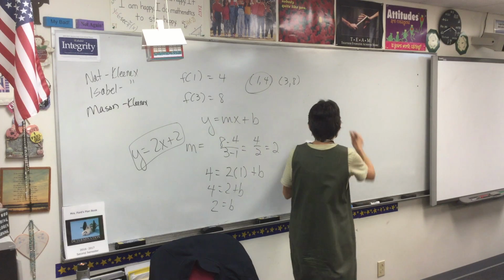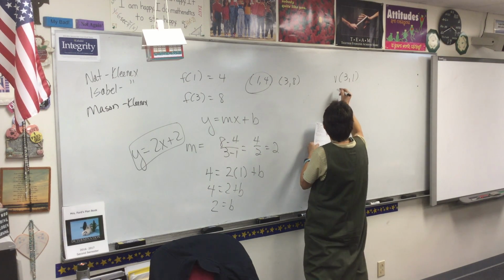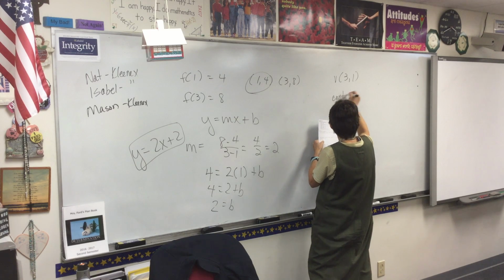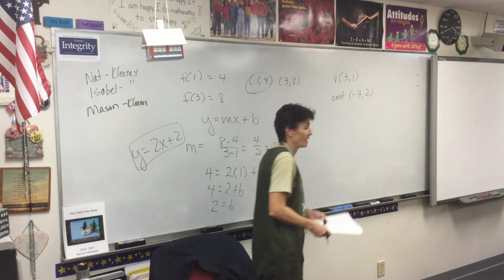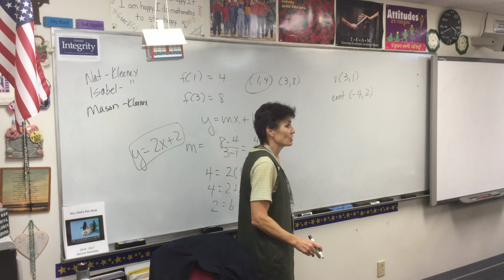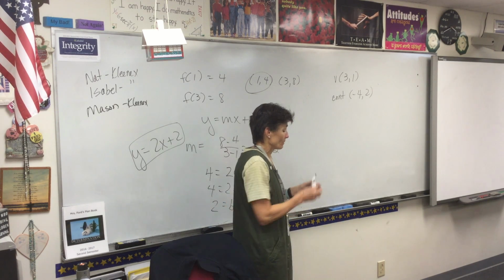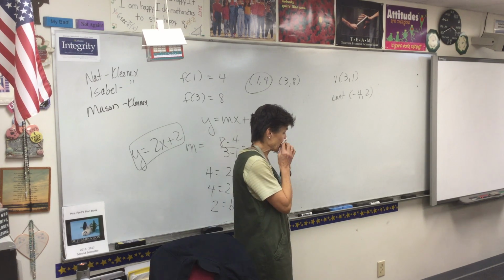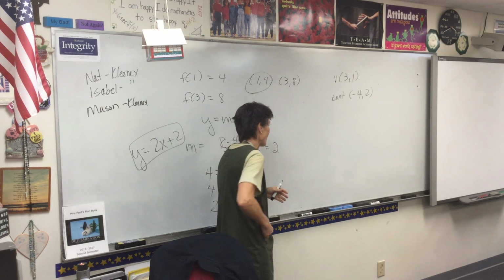Now the next one says we want a quadratic function. Gang, quadratic function is just a fancy way of saying parabola. A quadratic function is a parabola. Now I want you to think about all the work that we did translating, moving around parabolas.